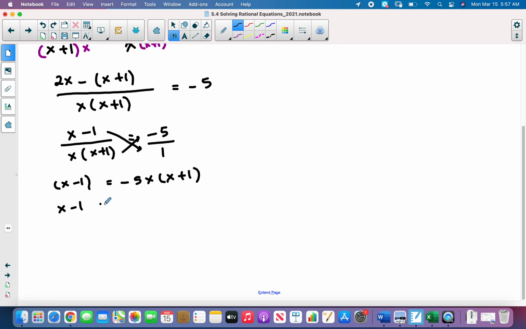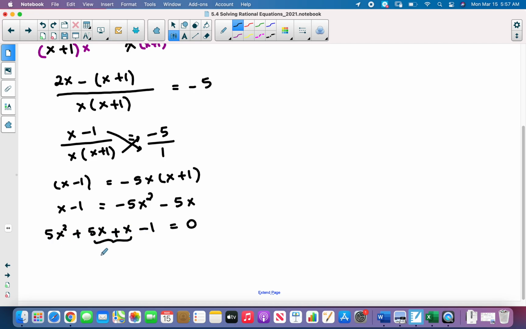So x minus 1 equals -5x squared minus 5x. Let's bring all the terms to one side. So on the left side, we have 5x squared plus 5x, and we brought this to the side, so plus x minus 1 equals 0.